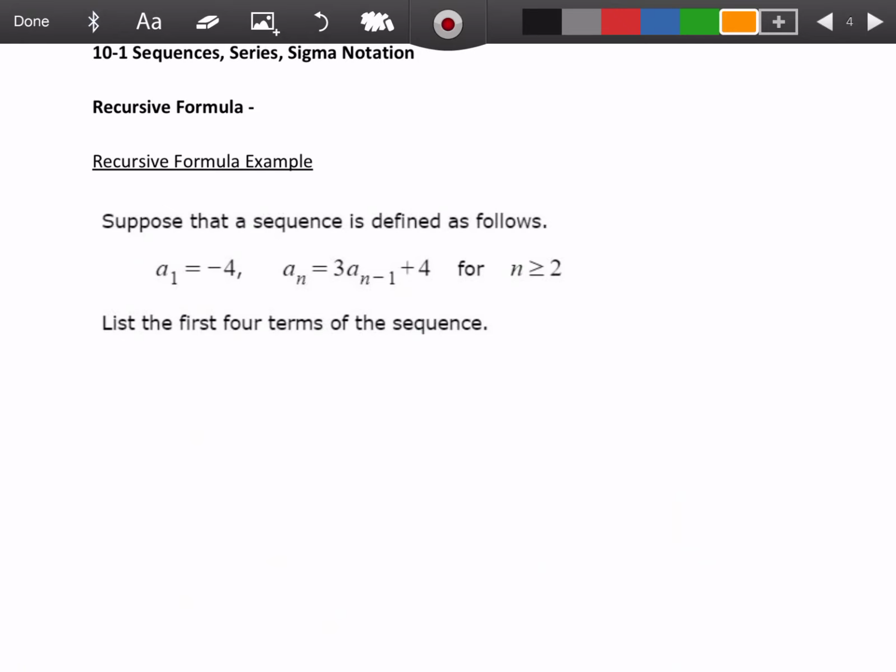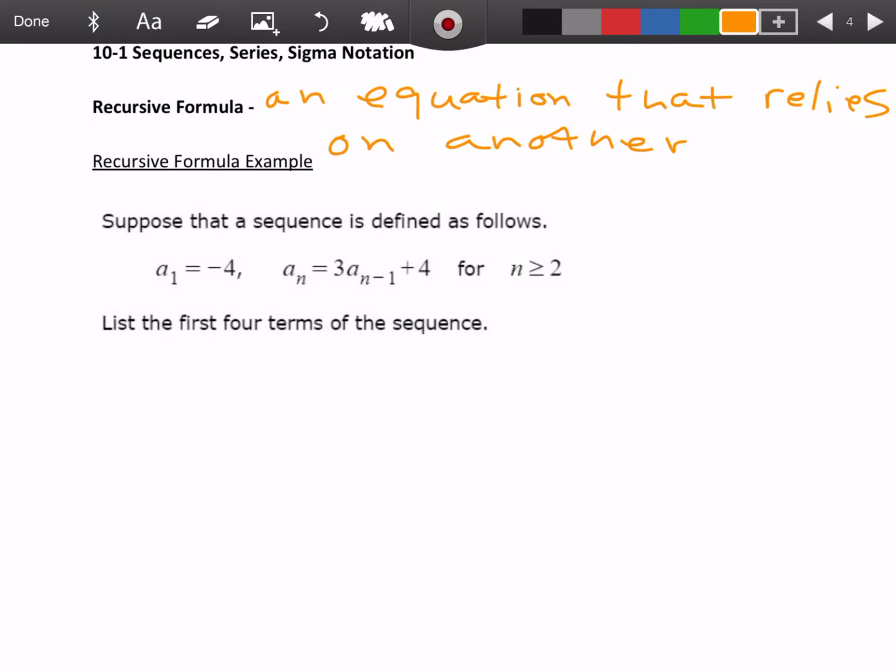Now, the last example is what we call a recursive formula. A recursive formula is an equation again, but it relies on another term, and usually that term is the one before it. That's the only terminology that I think is a little bit different here.